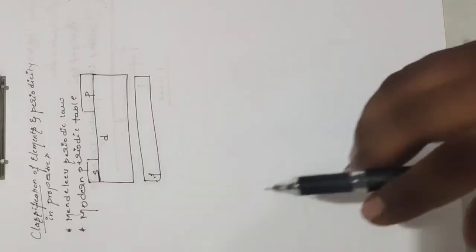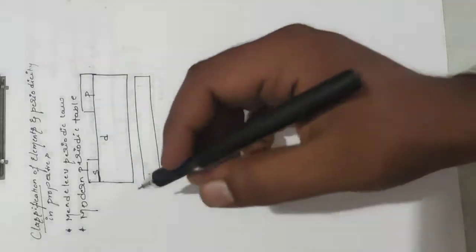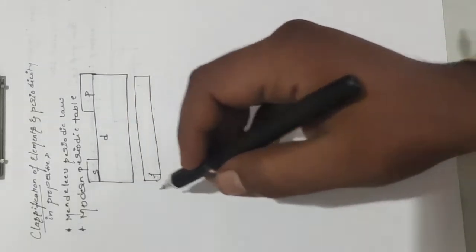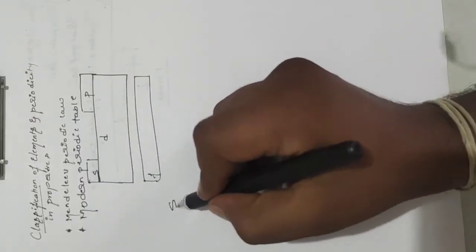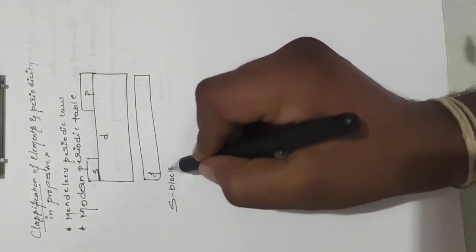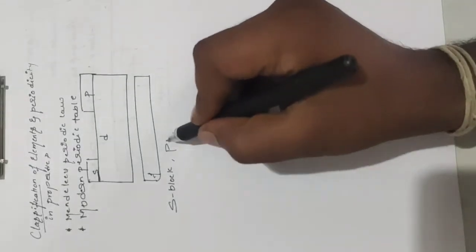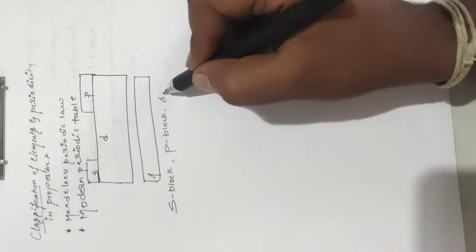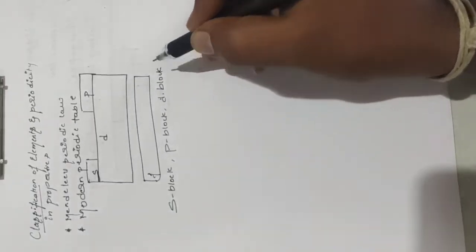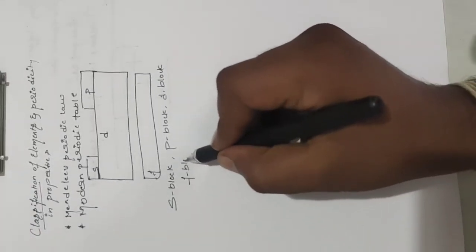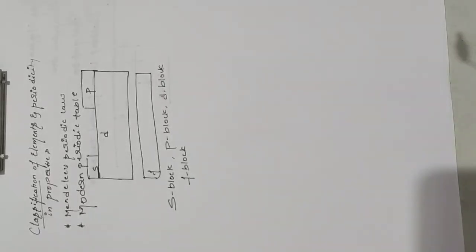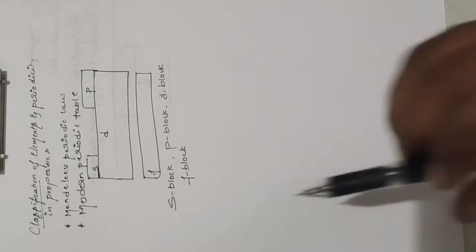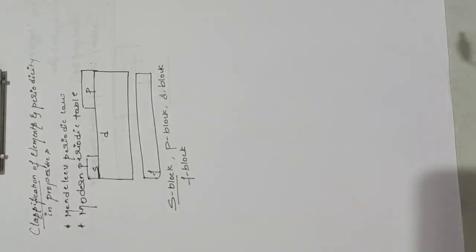After that we are going to talk about each group, like S block elements, P block elements, D block elements and F block elements. In the S block there are two subgroups, that is alkali metals and alkaline earth metals.